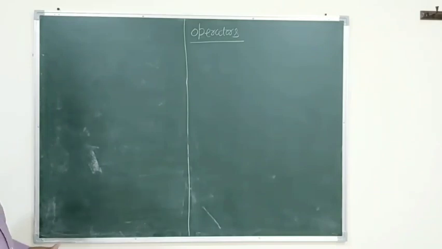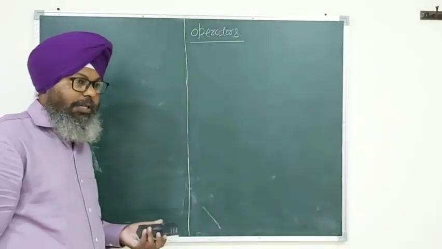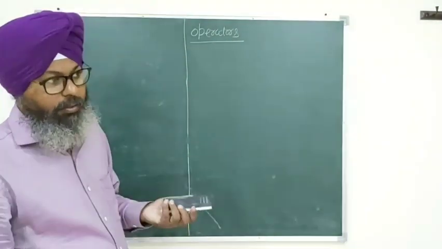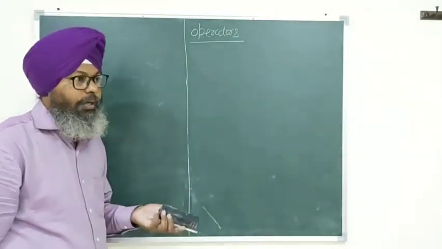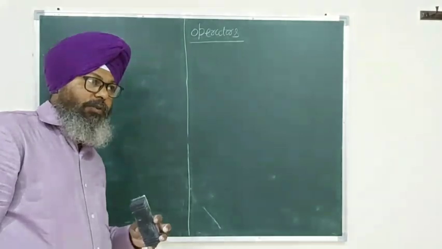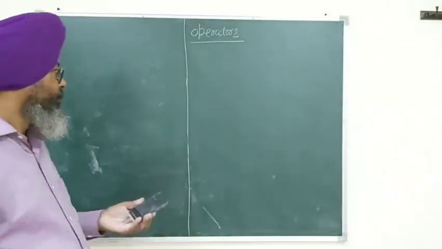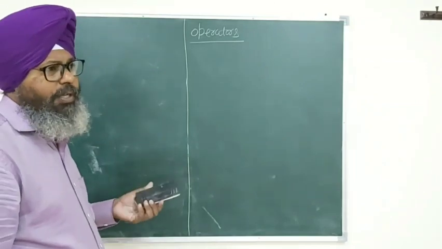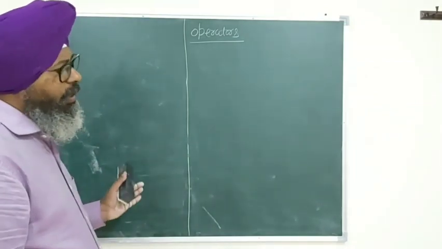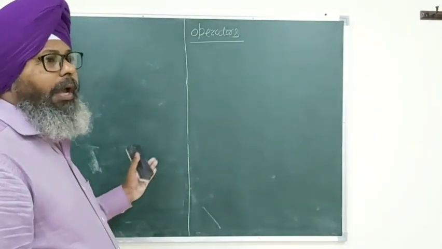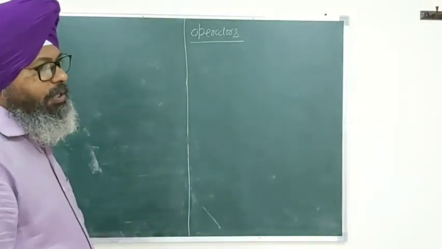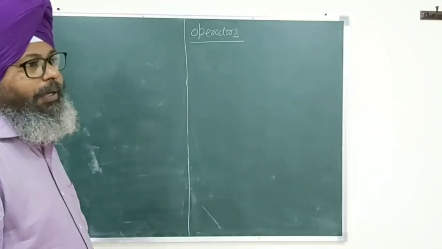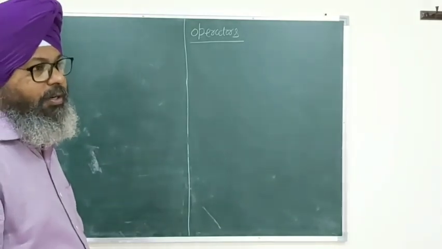Operator can be said as any process, normally for us, for a quantum mechanics teacher or a student, that procedure is of course a mathematical procedure. So an operator is any procedure, any process which will change one function into another function. Any process which changes one function into a new function is called an operator.